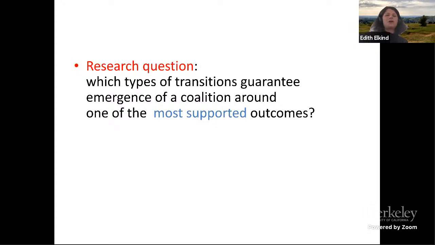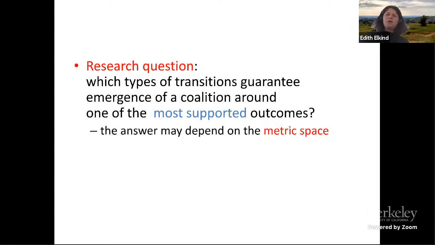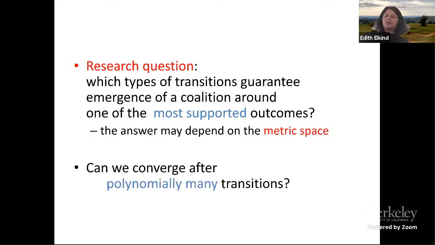So what kind of transitions allow them to achieve this goal? Of course the answer may depend on the metric space, and in what follows we're going to see how it actually depends on the metric space. And there's a secondary question: wearing our computer scientist hats, we ask if this convergence can be achieved after polynomially many transitions.